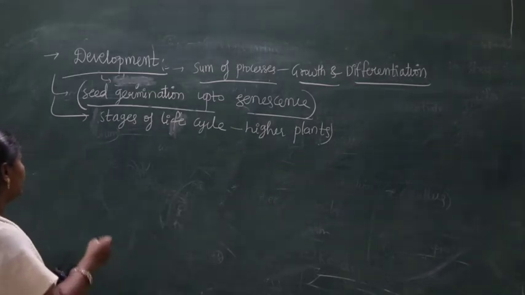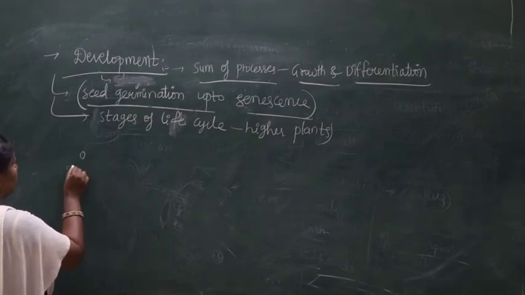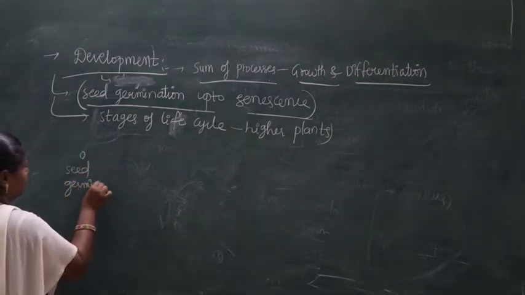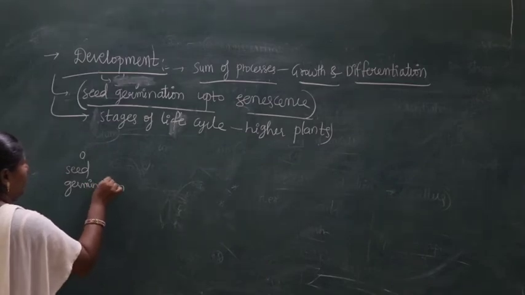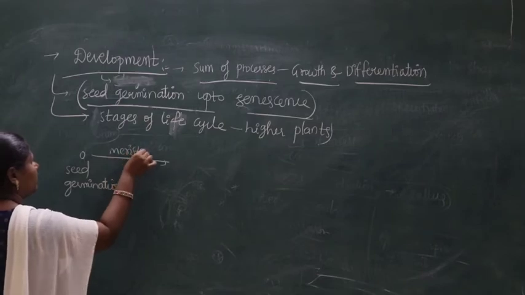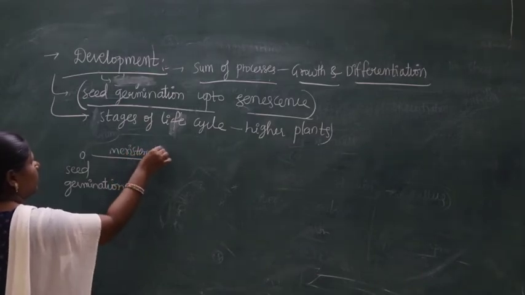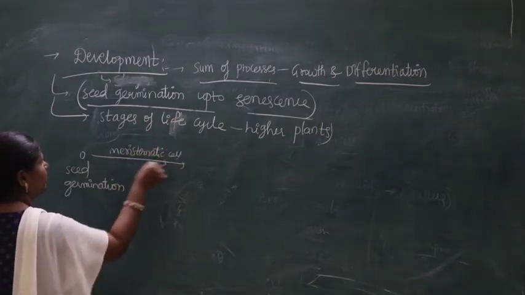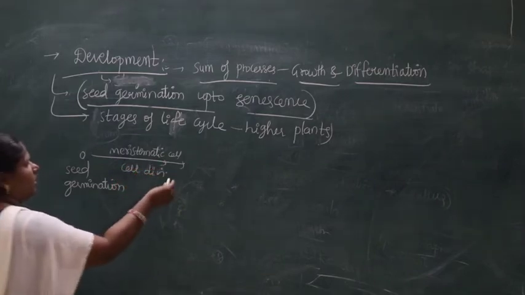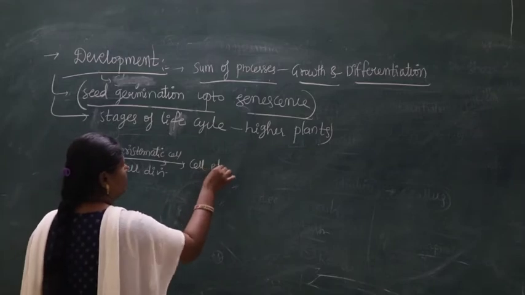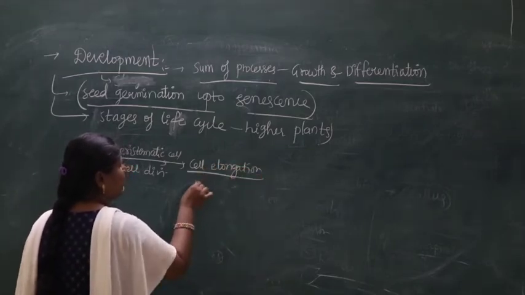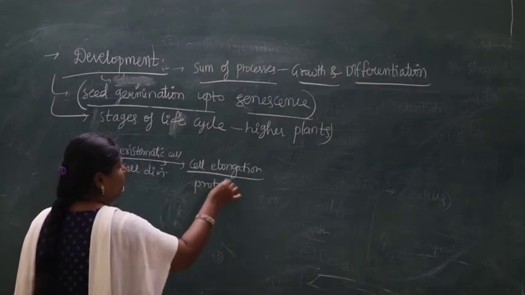So, if you take the first, seed germination, now it will undergo meristematic cell division, then cell elongation. What happens at the time of cell elongation?